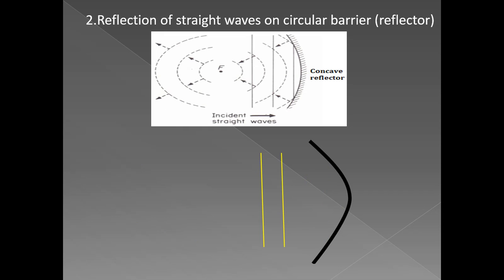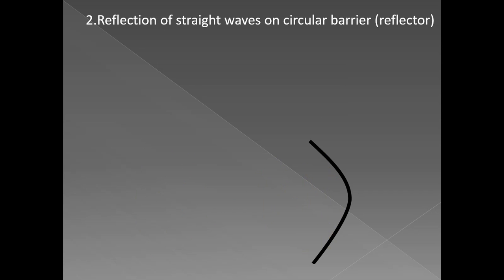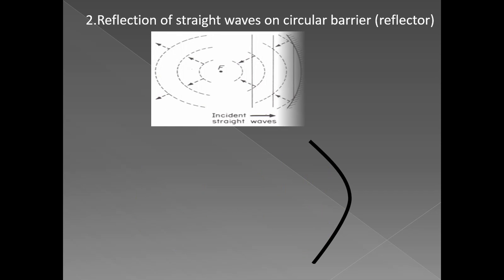So when the straight waves come and hit here, they produce circular waves which look like the shape of the concave reflector, but on this other side there will be another shape which will change.